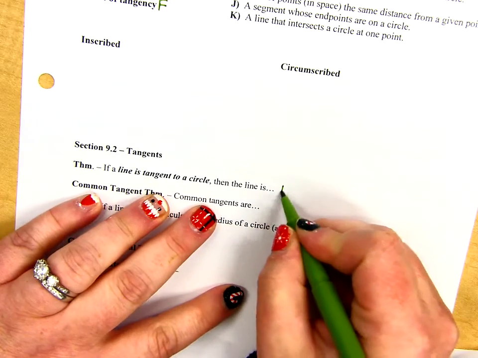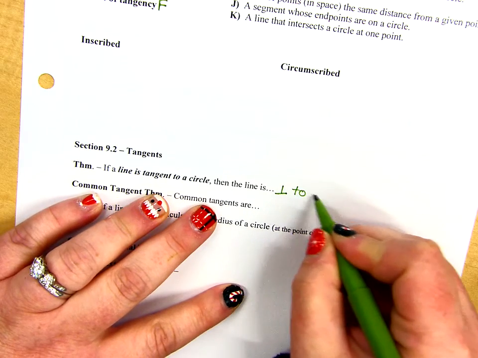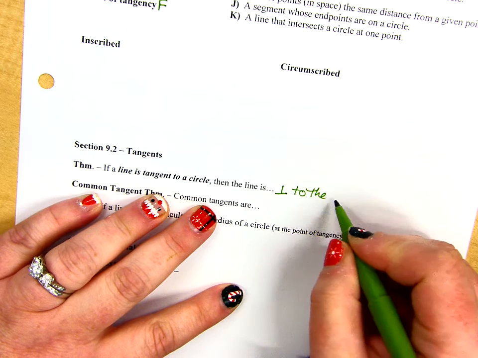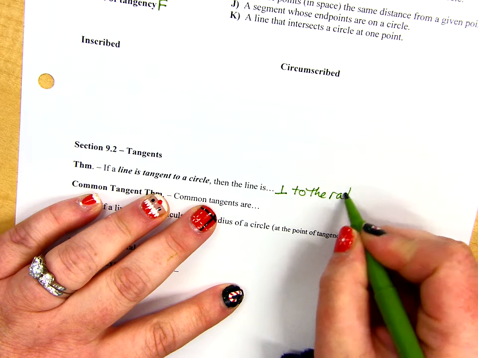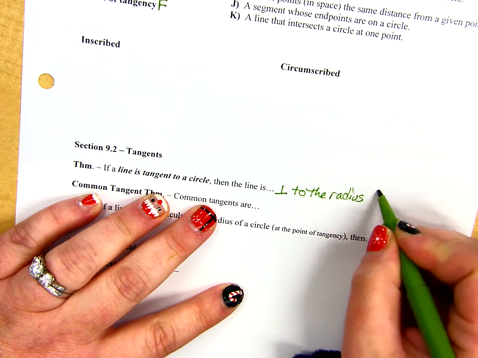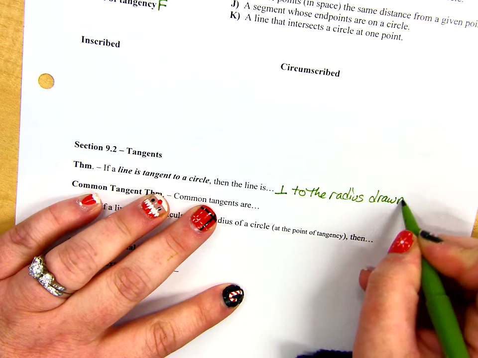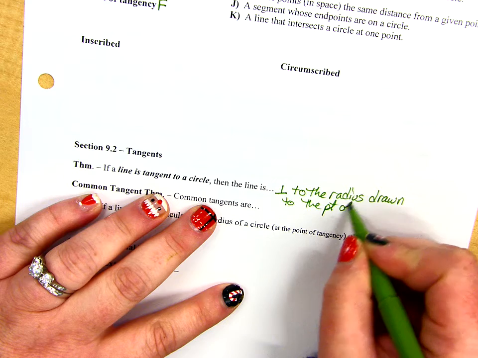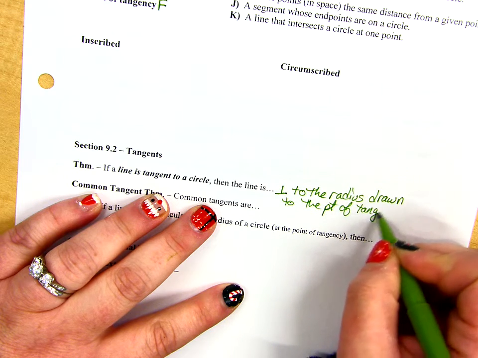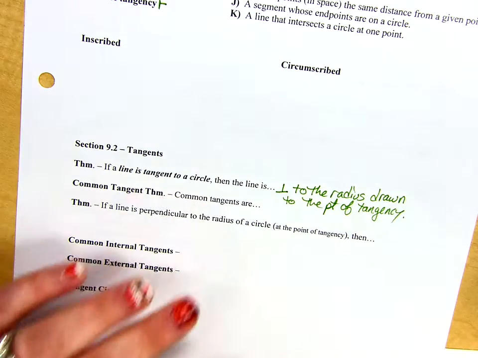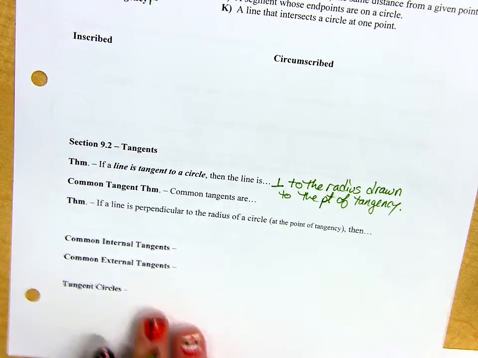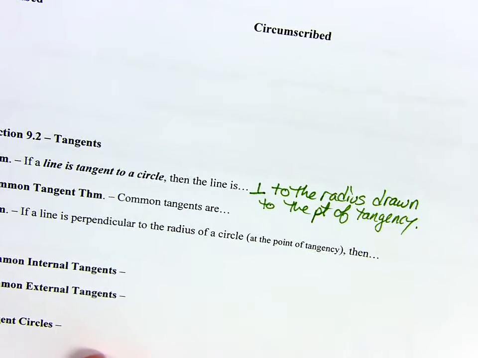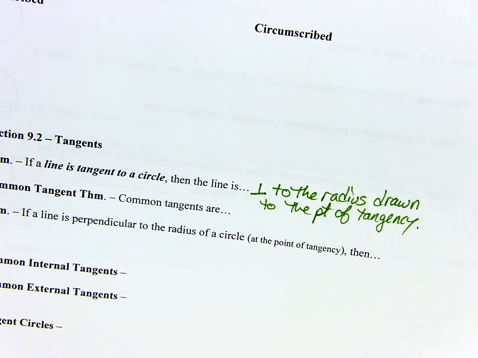Then the line is perpendicular to the radius drawn to the point of tangency. So, let's draw a picture of that.